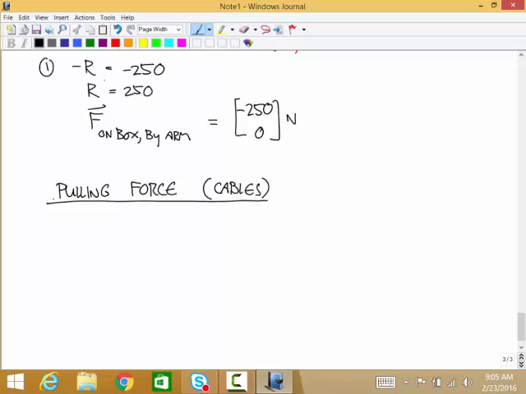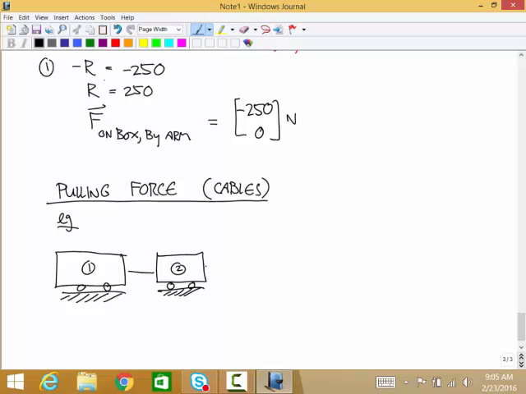All right. So a pulling force, for example, if you have 2 carts, 1 and 2, and say you have a 50 Newton force pulling on that one.